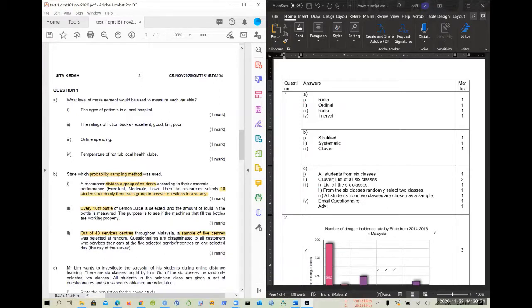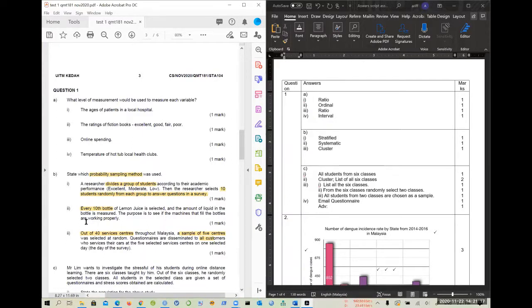Okay, selected at random, and then semua customer dekat service center tu will be selected as respondent. So this gives you the idea, right? So in this case you ada 40 branches, 40 service center, and then you just ambil 5 saja. So lagi 35 tu you ignore.